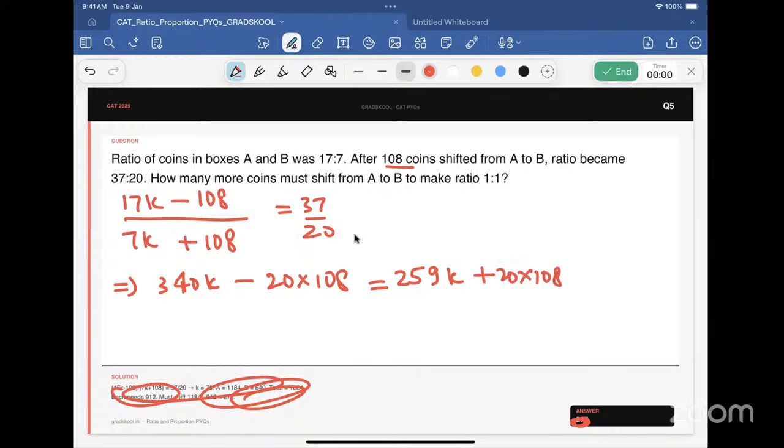So let's solve this. 340 minus 259 is how much? 81. K is equal to 10.